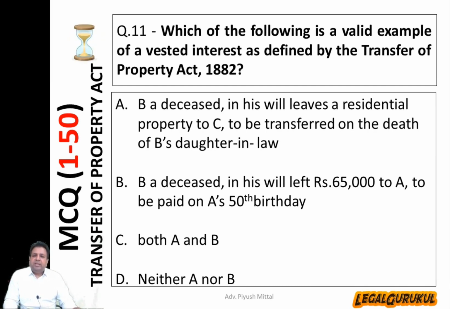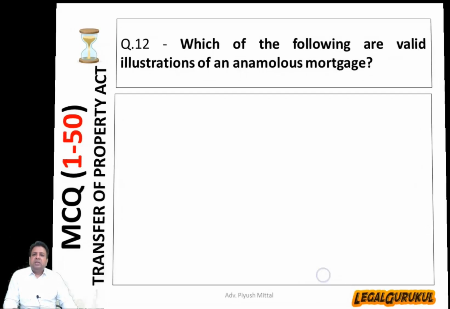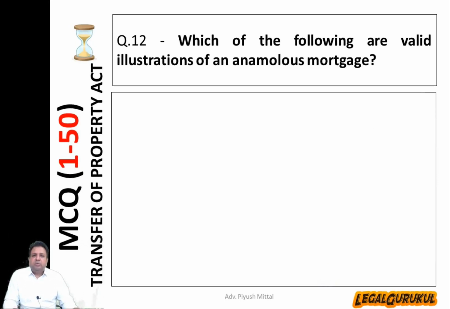C. Both A and B. D. Neither A nor B. And the correct answer is A. B deceased in his will leaves a residential property to C to be transferred on the death of B's daughter-in-law.